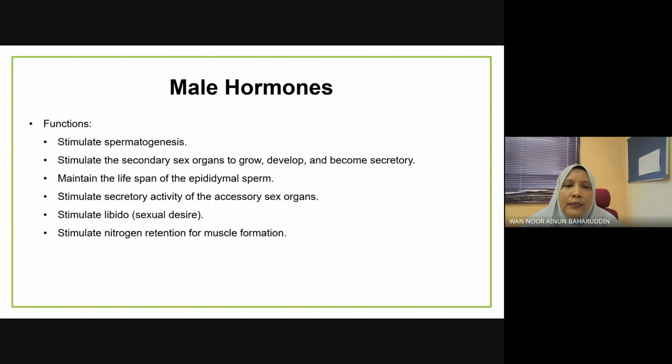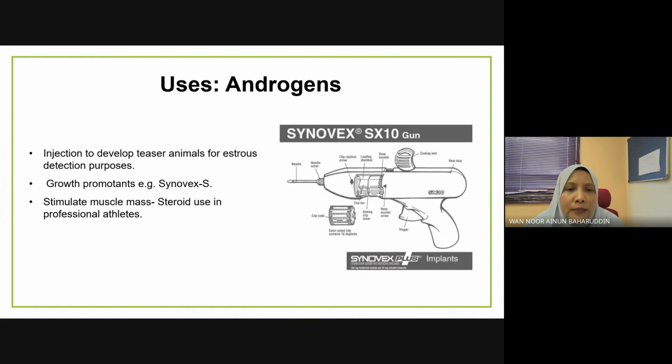Second, stimulate secondary sex organs to grow, develop and become secretory, maintain lifespan of epididymal cells, stimulate secretory activity of accessory sex organs, stimulate sex desire or libido, as well as stimulate nitrogen retention for muscle formation. That's why when a male matures, he will have more muscles.